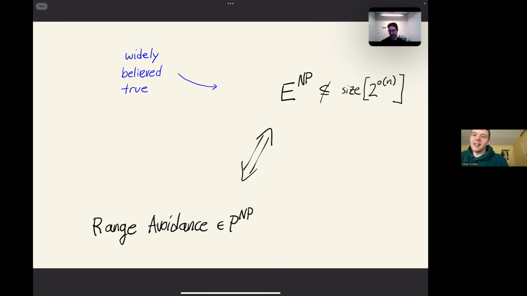If you believe in the strong exponential time hypothesis, and you think that it holds also for non-uniform algorithms, for circuits, then this would be true. And so this equivalence says that really the belief is that range avoidance does have these improved algorithms, these NP oracle algorithms.